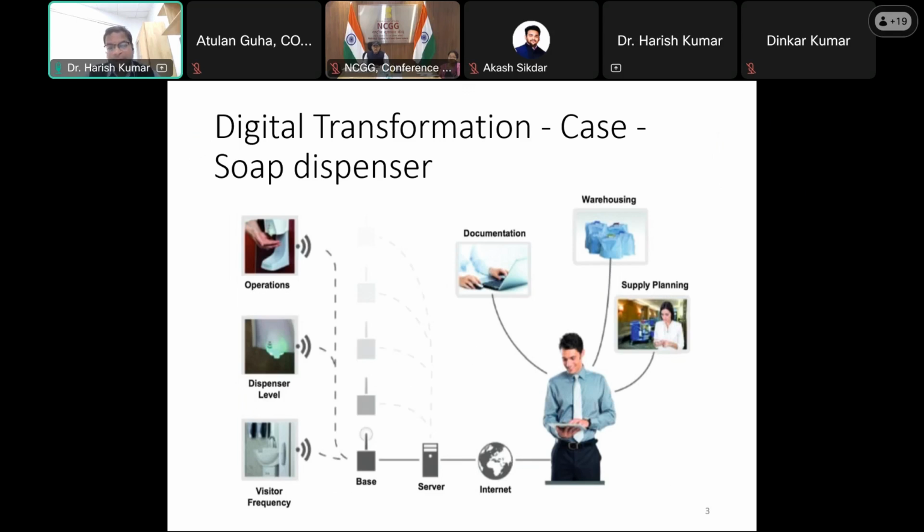Whenever the soap level decreases, there is an auto alert to the warehouse or the authority or concerned people, so that they can refill it. So this simple public utility has been changed by using technology in a strategic way, so that it has become a contactless and vast practice.